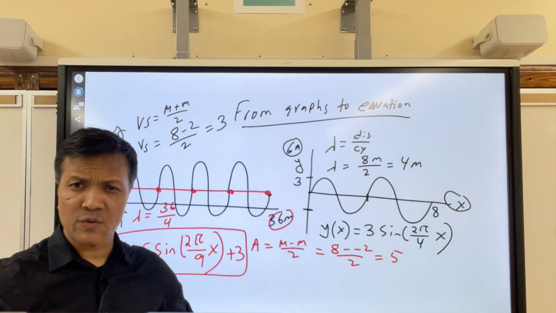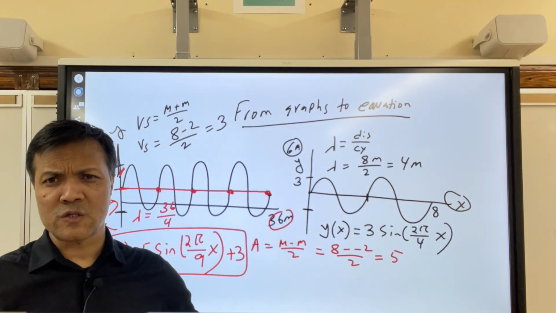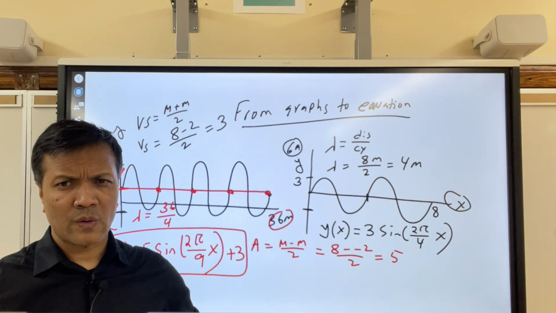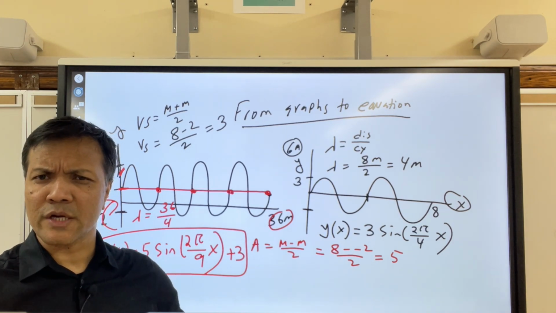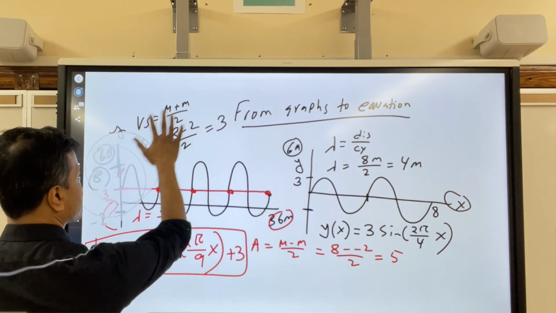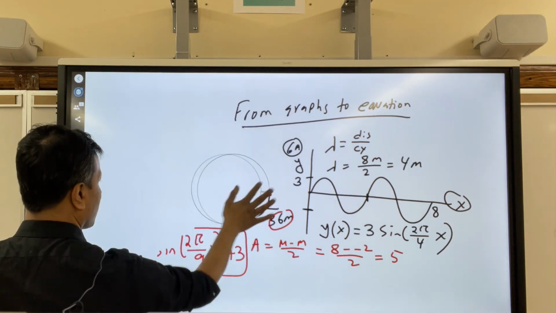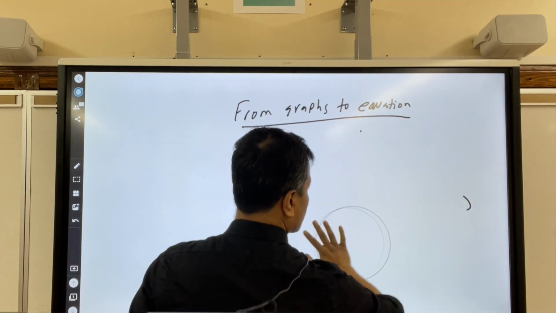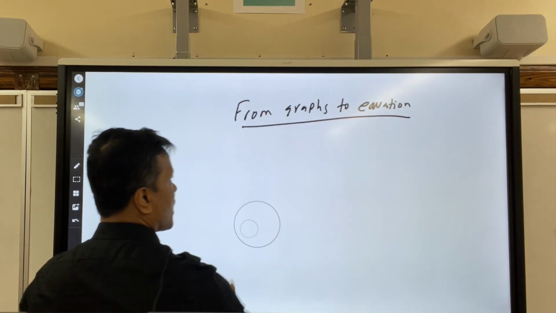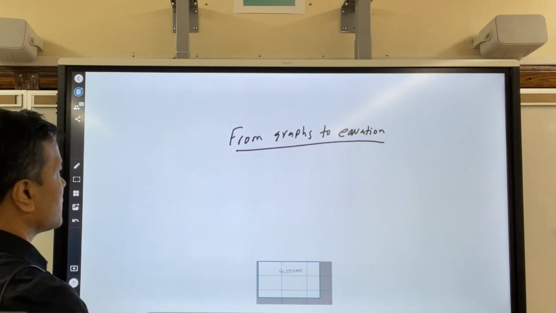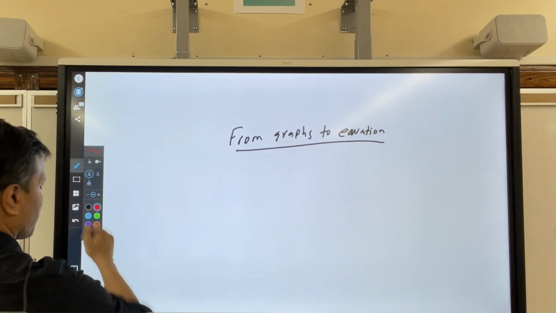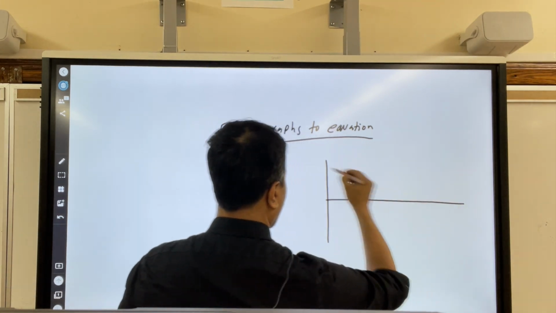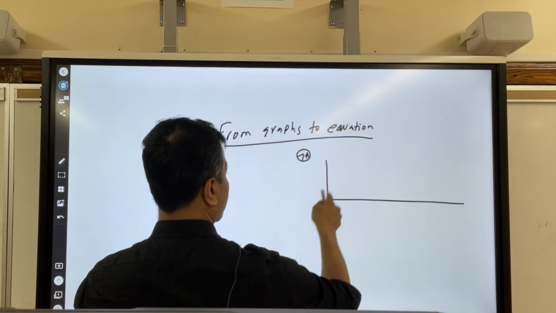Now that takes us to 7. For 7, I'm also going to give you graphs and you're going to convert them to equations. But pay attention, this time I'm not going to give you the height versus position graph. I'm going to give you a height versus time graph. This is 7A.